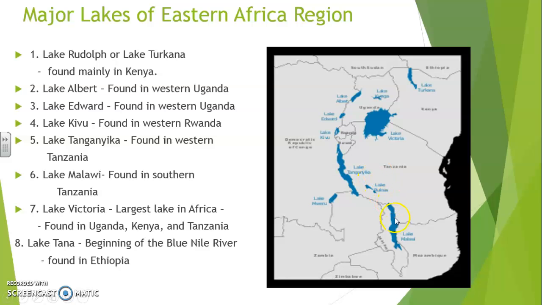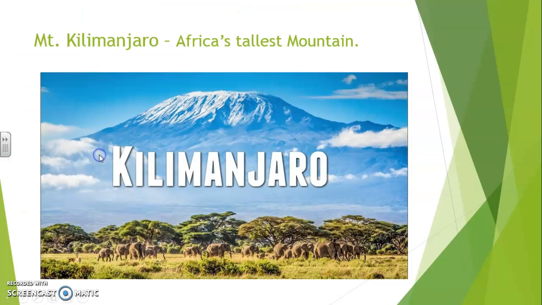Then Lake Malawi down here. And then the big one, largest lake in all of Africa. And you can see it's found in 3 different countries, part of Uganda, part of Kenya, and a part of Tanzania. And then up in Ethiopia would be Lake Tana. So a lot of these lakes you're going to be writing on your worksheet. They're found in your reading today.